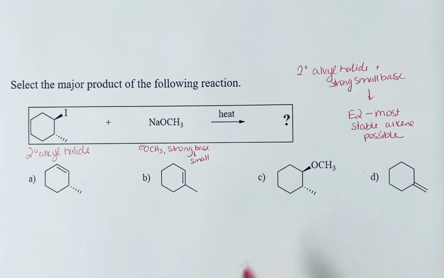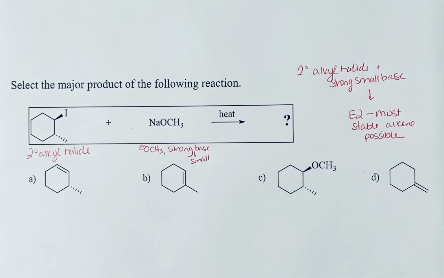The other detail that we are given here is heat, and you might have noticed this. I forgot to mention it on the other videos, but heating the reaction up just tends to push the reaction a little bit more into the E2 direction rather than SN2, although this would probably still give elimination even without the heat. That just makes it faster.